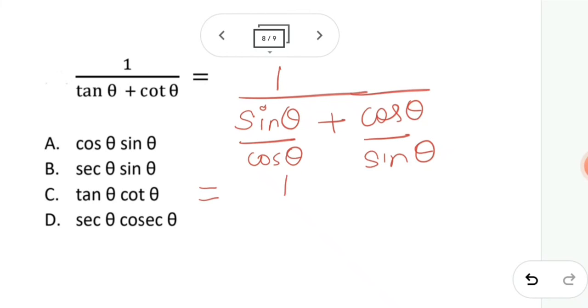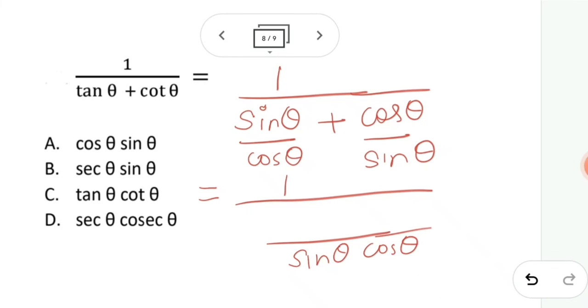Now we will simplify it. In the denominator we can take LCM. LCM will be sine theta cos theta. So we will write sine theta cos theta, and this sine theta will go here and get multiplied. This cos theta will multiply here. So we will get sine square theta plus cos square theta.